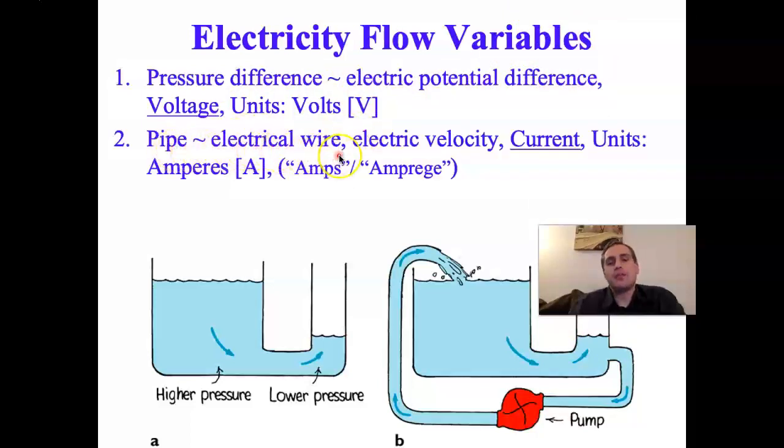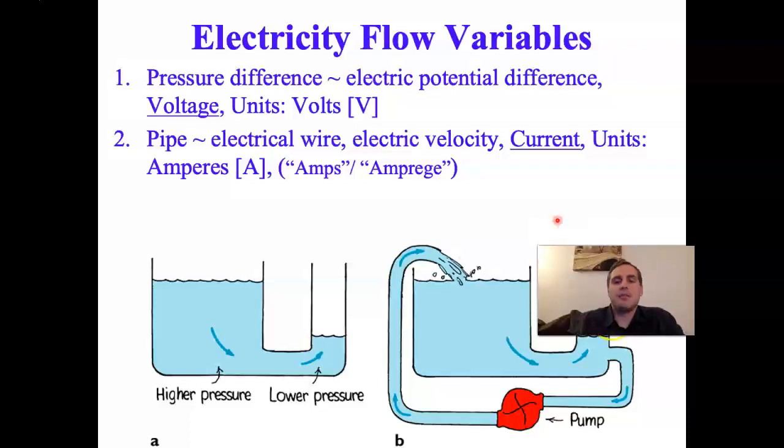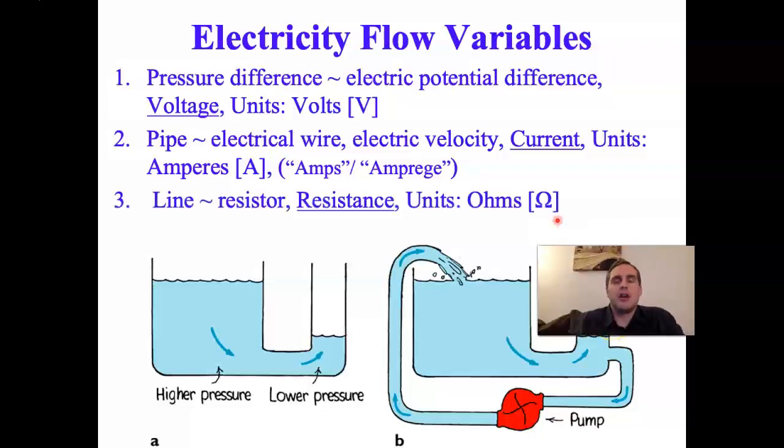Think of pipes where water flows as electrical wires, and the velocity of water can be thought of as electric current. The only difference with electric current is that it has a drift speed, but current is really the rate at which charge is delivered per unit time. That's why it's in units of coulombs per second, which is amperes.